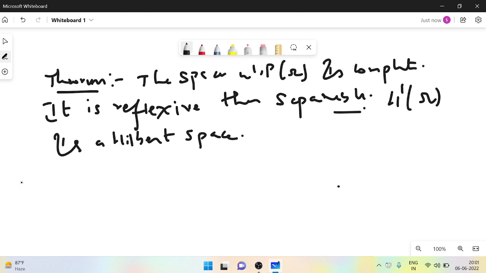Further, extrapolating, I'm giving some definitions on Hilbert spaces.